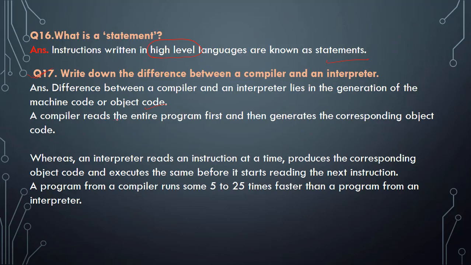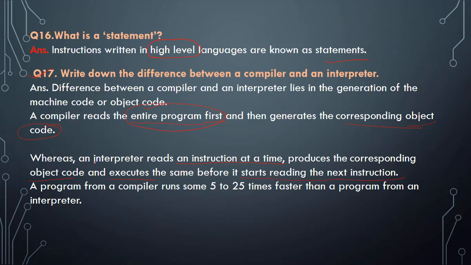The compiler reads the entire program first and then generates the corresponding object code, whereas the interpreter reads one instruction at a time, produces the corresponding object code and executes that object code before starting to read the next instruction.